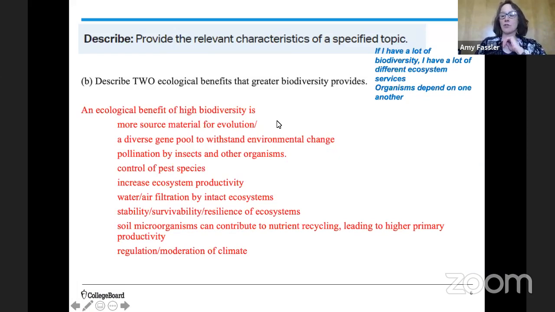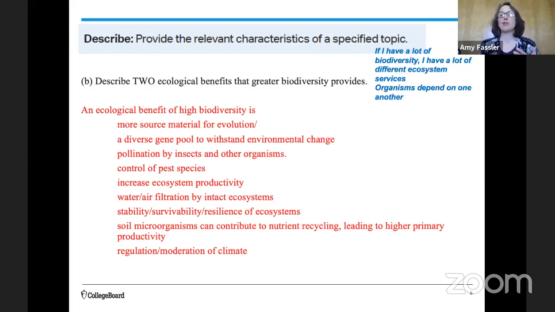I could talk about genetic diversity. Remember, we have ecosystem diversity, species diversity, and genetic diversity. So on a previous FRQ rubric, they use this term, more source material for evolution. And my students would look at that and go, I don't know what that's talking about. Well, what it means is source material means gene pool.